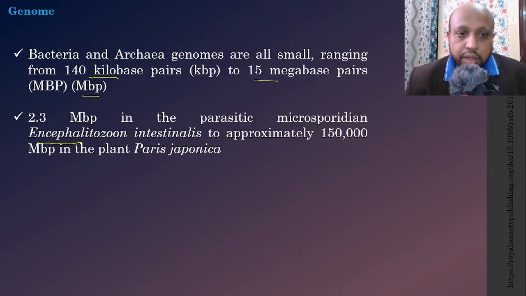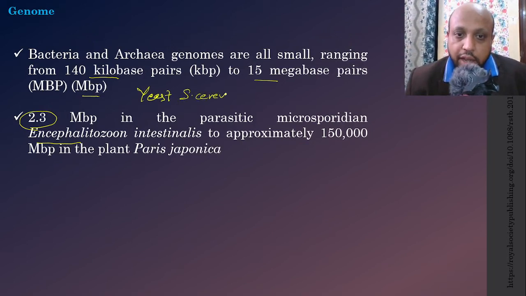However, if you consider a eukaryotic system, the smallest genome size known is for Encephalitozoon intestinalis, which is a protist. It's only 2.3 megabase pairs, comparatively very small for eukaryotes. Even if you see the yeast, Saccharomyces cerevisiae, it has a genome of around 12 megabase pairs, right?